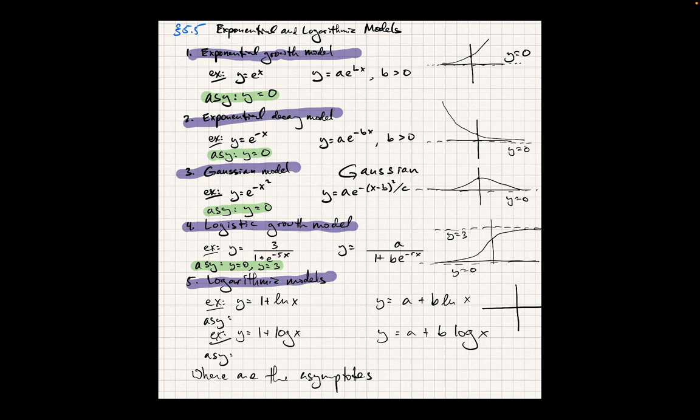We know what the graph of log of x looks like. It kind of looks like this. What's the difference between that and 1 plus log of x? It moves up 1. It's what sort of shift? Vertical shift. It's a vertical shift up 1. So here's the ln x, here's 1 plus ln x, but it has a vertical asymptote still at x equals 0.